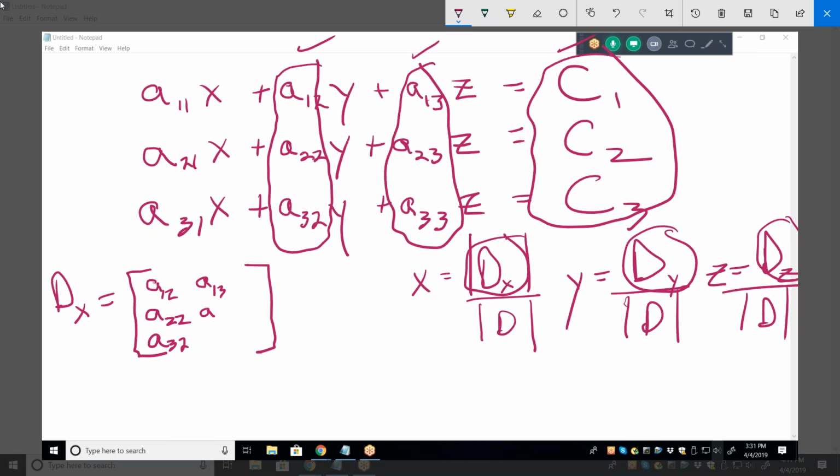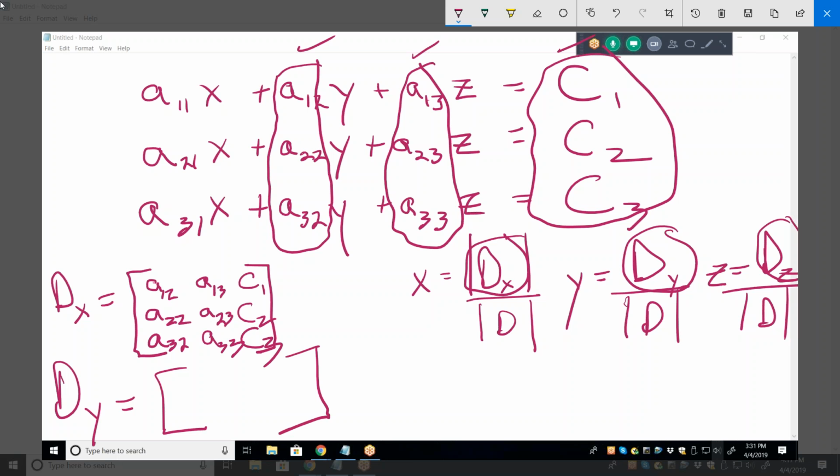Okay. For the X, you just look at all the other coefficients and put them in order, like I'm doing. Now, here's where it gets a little tricky. For the Y, I'm not sure my memory remembers this right, but you don't start here.